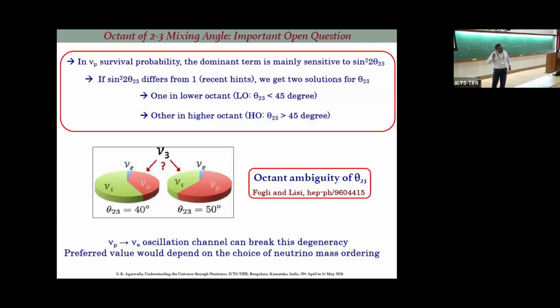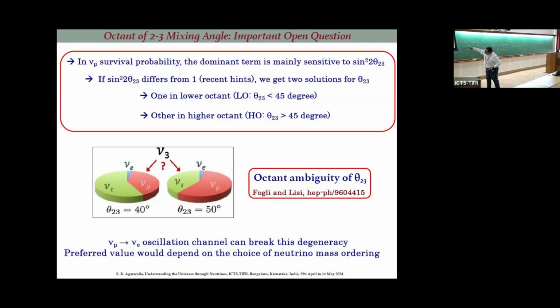I'm talking about this for the last 2 days, right? If you look at the UPMNS matrix, the 2,3 and 3,3 elements, the ratio of that gives you theta 2,3. I told you yesterday. So if theta 2,3 is lower than 45, then in this nu 3 mass eigenstate, nu tau has more share than nu mu. And if it is in the higher octant, then nu mu has more share than nu tau.